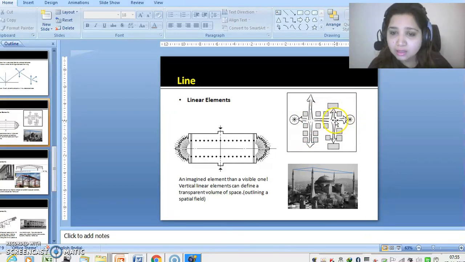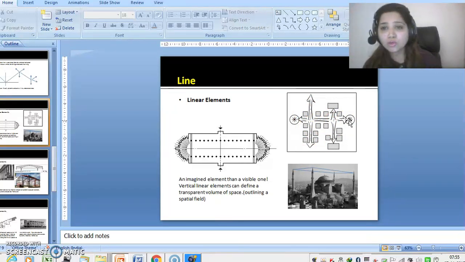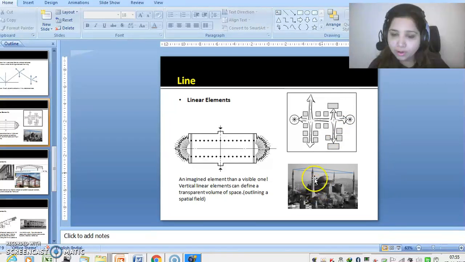Now from this, a person can deviate in any direction and access any other component in a design. So it is basically reinforcing what we studied in point, and it is reinforcing that the line is also following the same concept. So over here, this image is of Hagia Sophia.